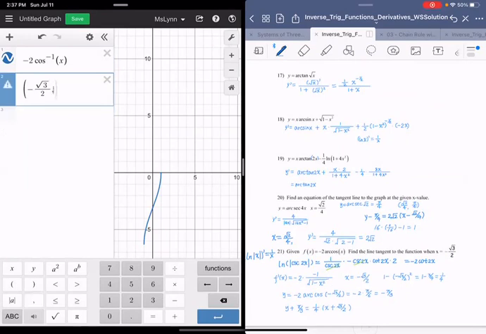The y value is negative pi over 3. And then let's double check why this point is not on here. Hold on.